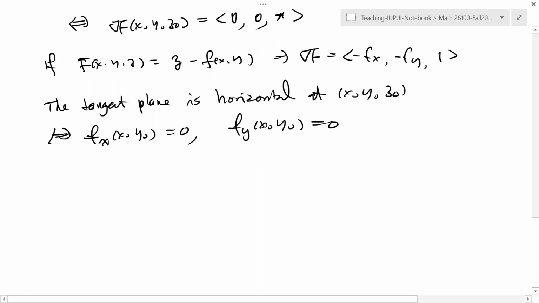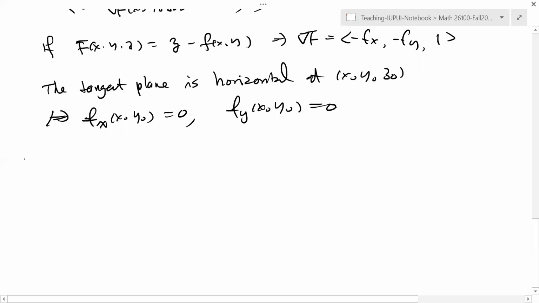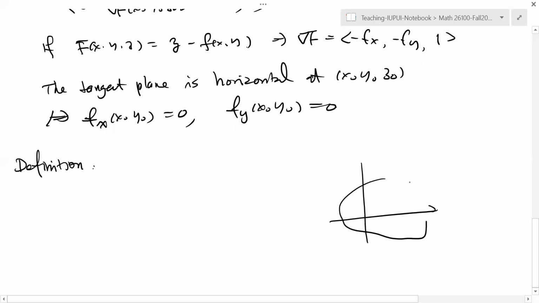Now let's take a look at the function. We're going to find out when the function has a maximum value. Here's the definition. Function f is defined on the domain D, and here's an arbitrary point.